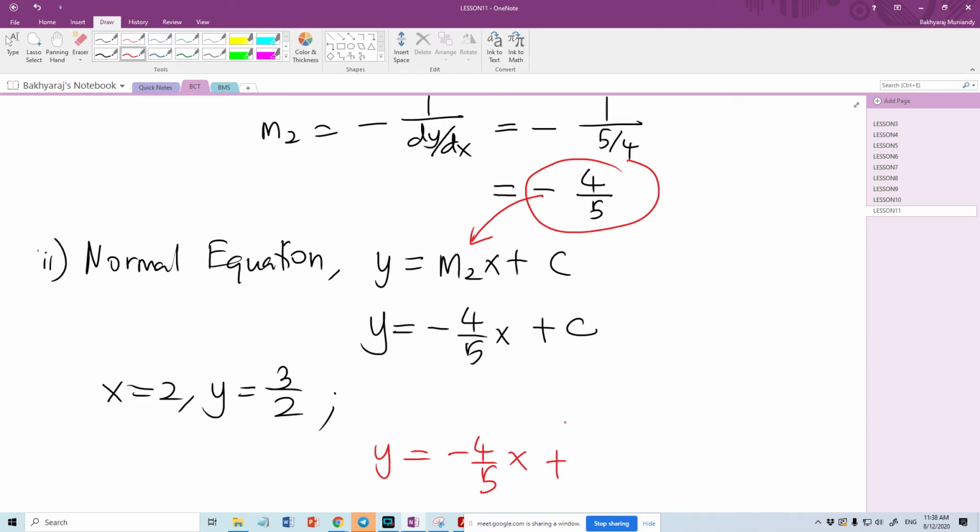So the answer is 31 over 10, correct. Yeah, you get 31 over 10. Okay, so when you substitute, you get 3 over 2 equal negative 4 over 5 times 2 plus C. And bila pindah ni, C akan dapat 31 over 10.